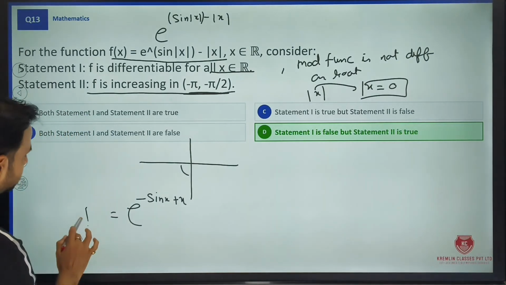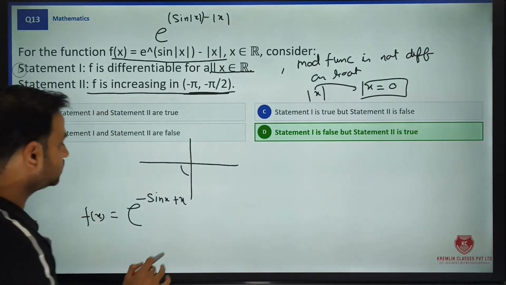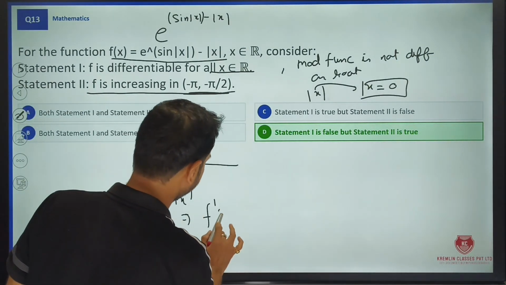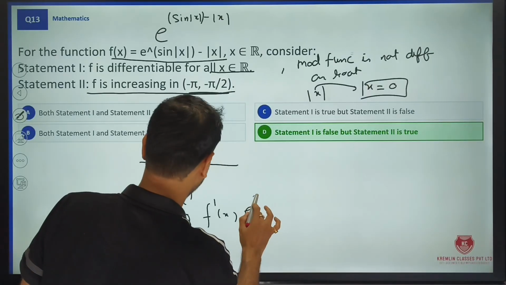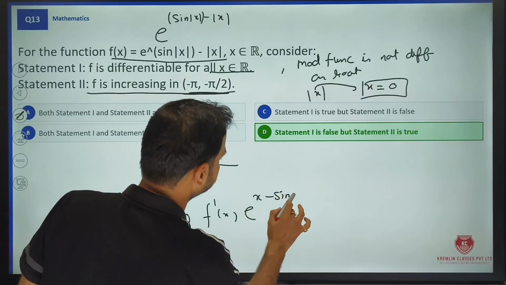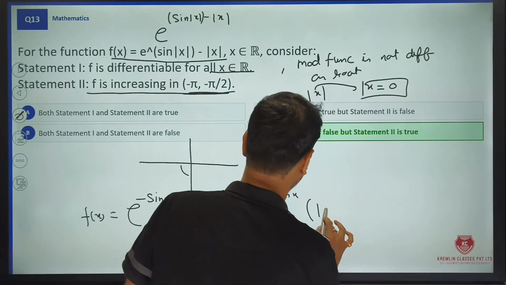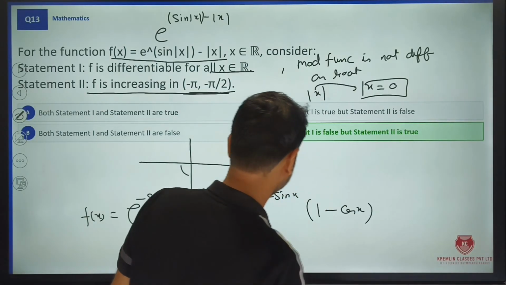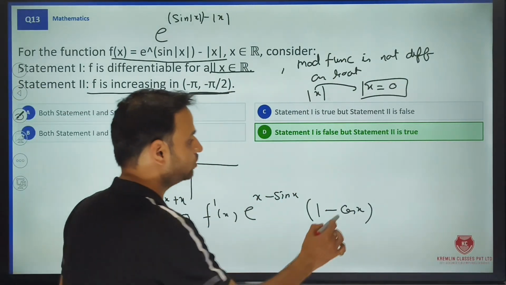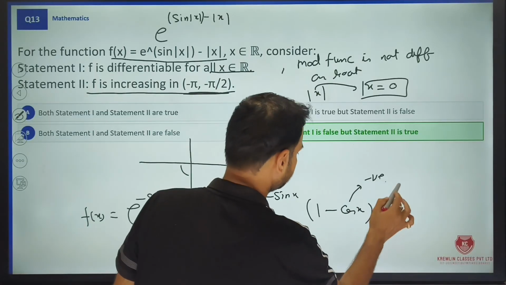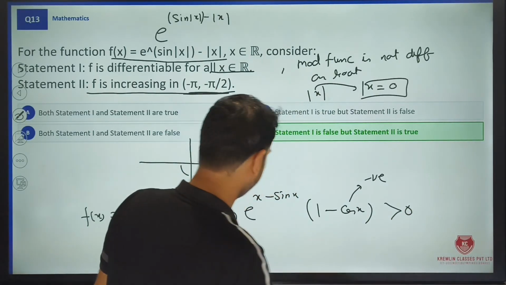So when we differentiate it for getting strictly increasing or decreasing, f dash x will be like e to the power x minus sin x, because the differentiation of this will remain same, into 1 minus cos x. Here cos x is negative in this third quadrant, so the overall quantity will be positive.